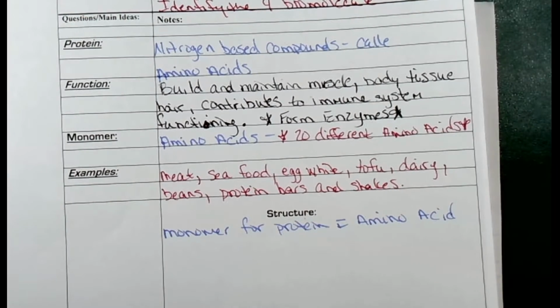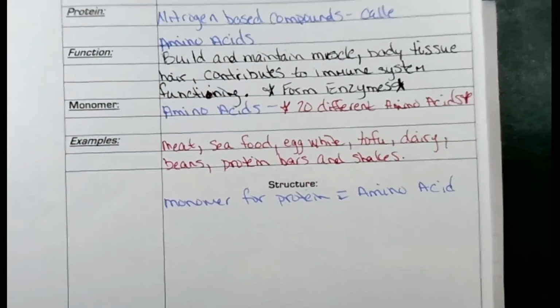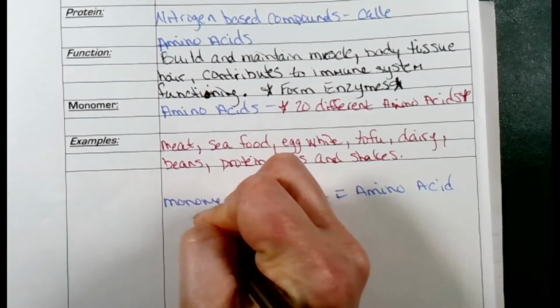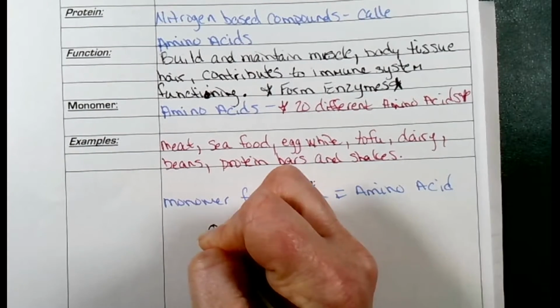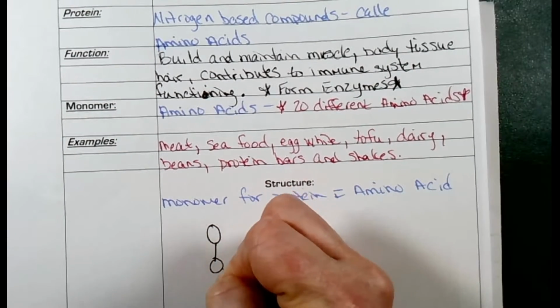The basic structure that I want you to know right now, today, is it's little circles that are connected by a bond. We're going to dive into the functional groups that make up these amino acids later.